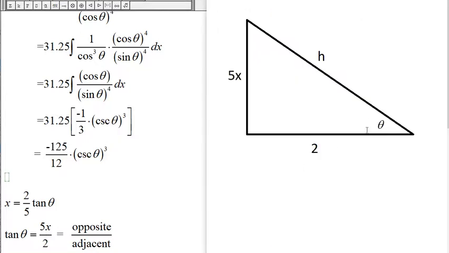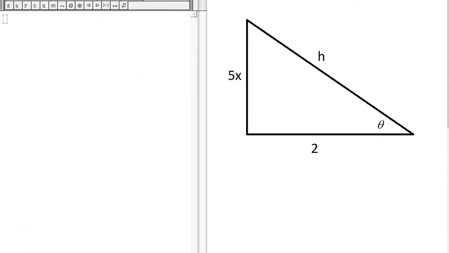So this is theta. The opposite side will be 5x. The adjacent side will be 2. And so we need the hypotenuse in order to get cosecant of theta. And so from the right triangle, we have 5x squared plus 2 squared equal to the hypotenuse squared.